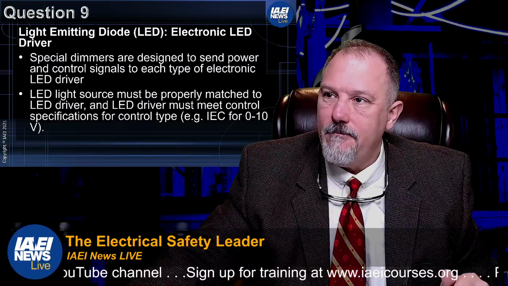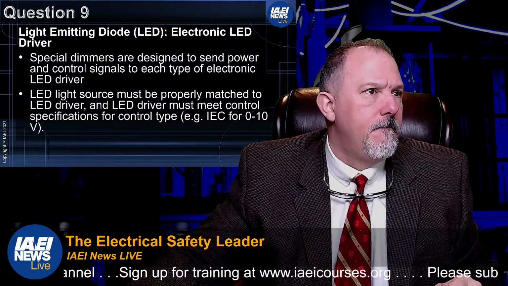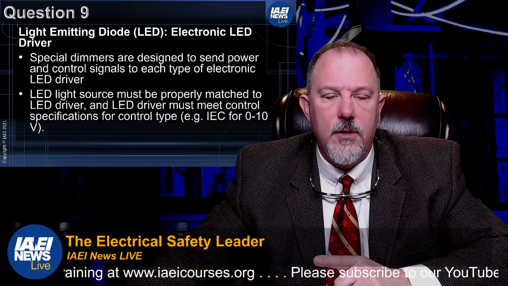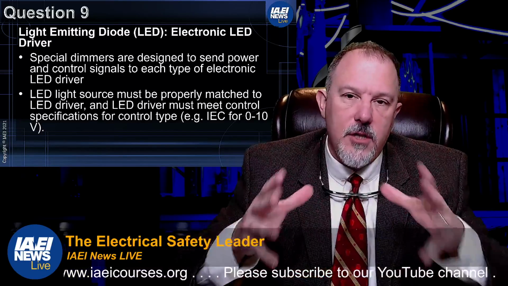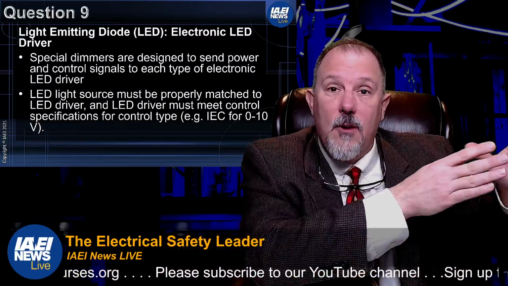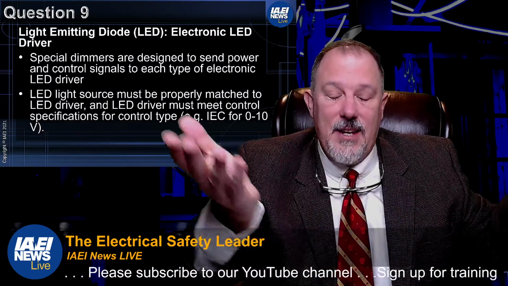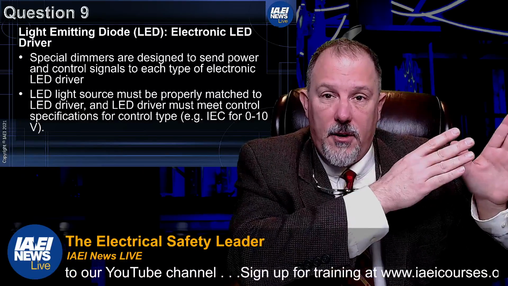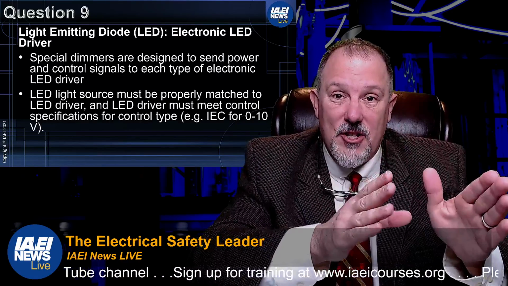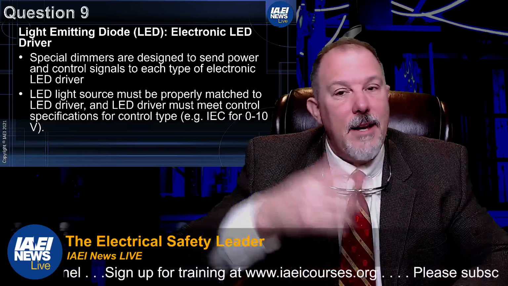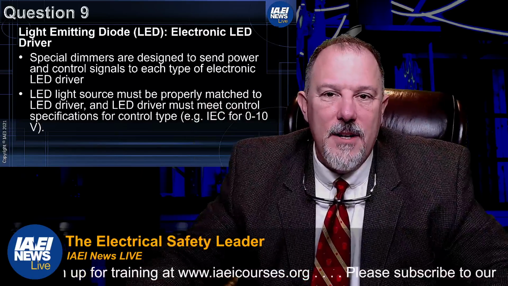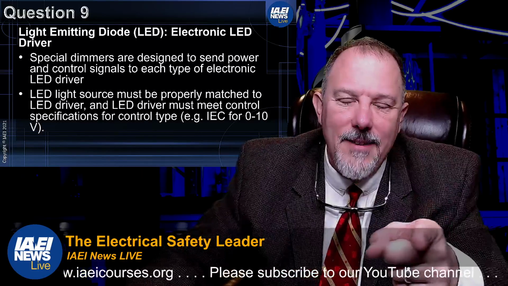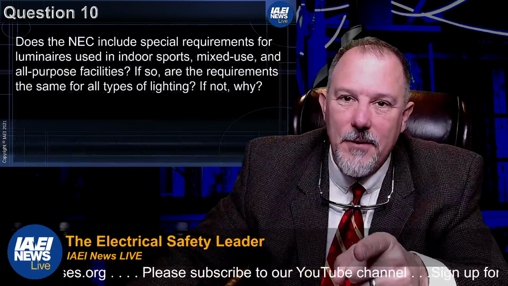So be mindful of that, and make sure that you pick the solutions that are all compatible. So you've got a listing requirement for the breakers. Let's just take fluorescence as an example. You've got a listing requirement for the breaker you're looking for. You have a special dimmer switch that you're looking for. And then obviously you have the luminaire itself. So, and you thought lighting was easy, didn't you?